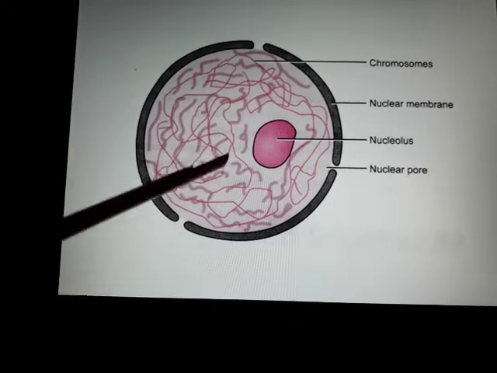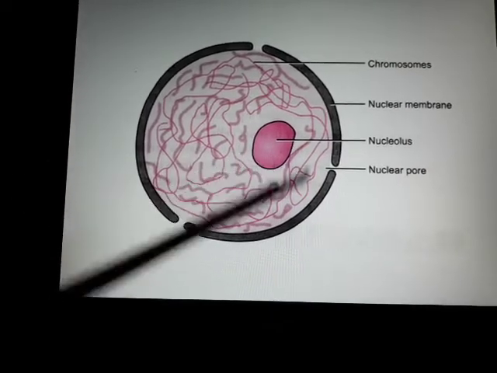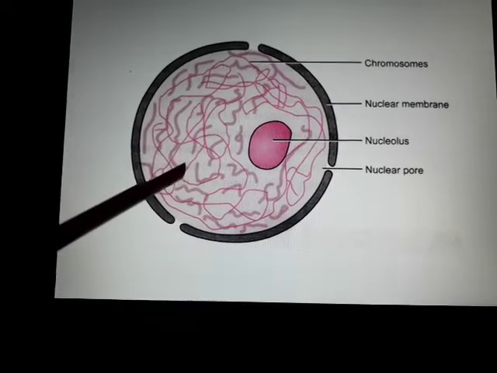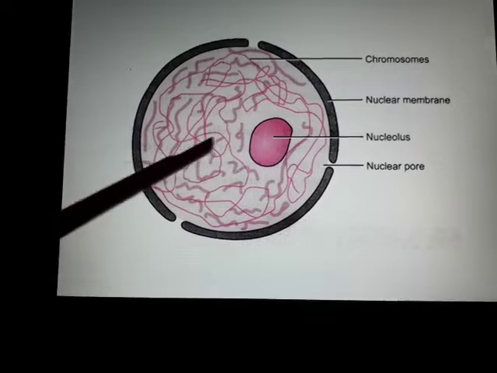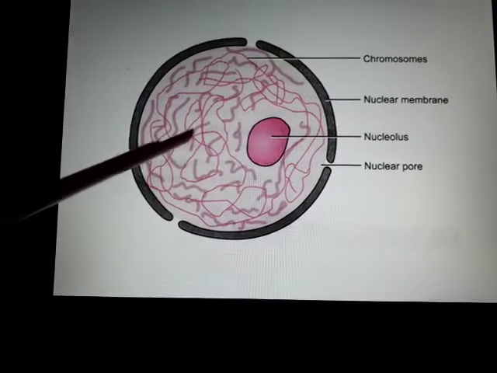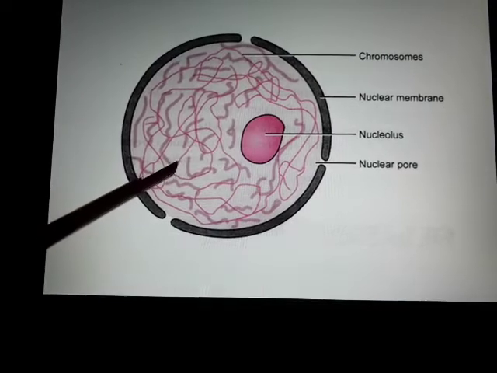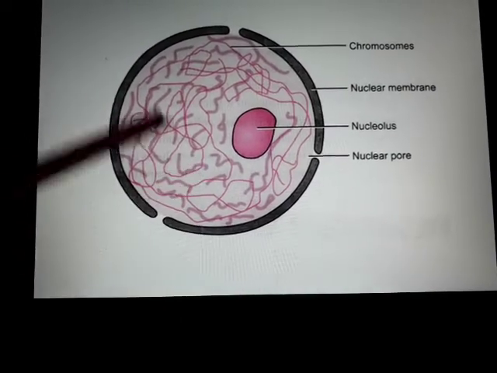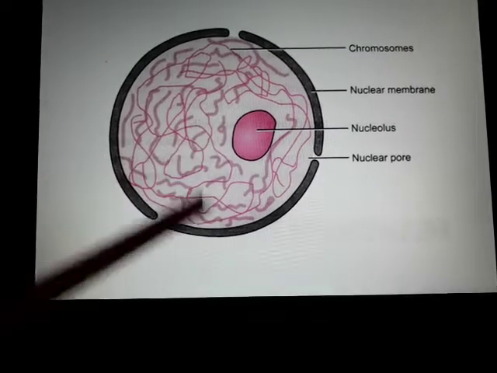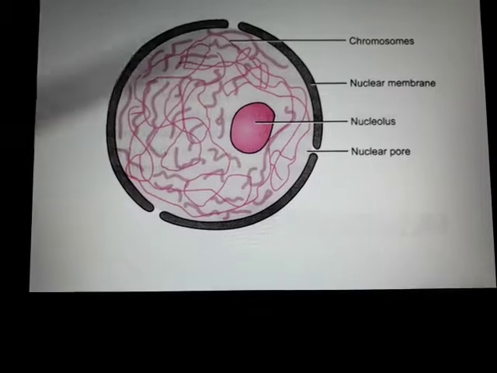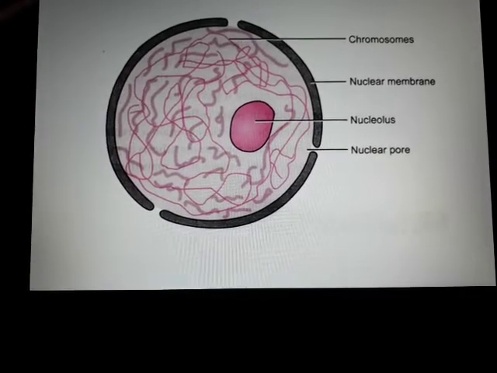The thin lines are not very clear, but the darker ones are clear, and these are called chromosomes. The chromosomes contain DNA on which the genes are present, and they play a very important role in the inheritance of characters from one generation to another, that is, from parents to children. The chromosomes can be seen very clearly when the cell divides.